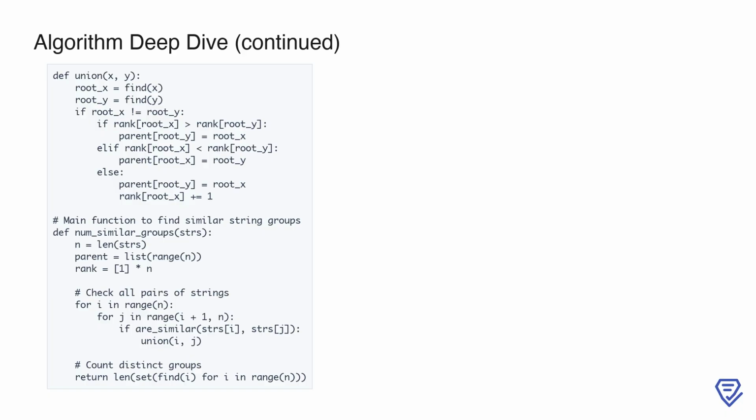This count represents the number of connected components or groups of similar strings. The implementation ensures efficiency by leveraging union find's optimized structure and by minimizing redundant computations through path compression and rank balancing. Together, these techniques allow us to solve the problem in a computationally efficient and scalable manner.